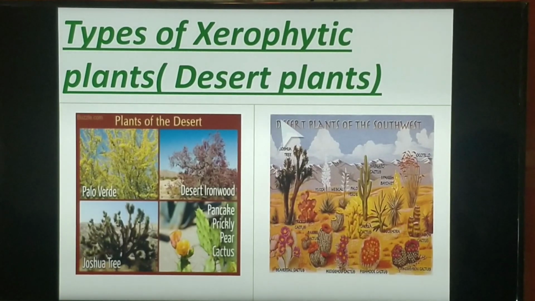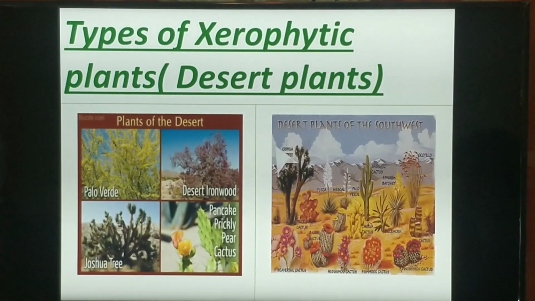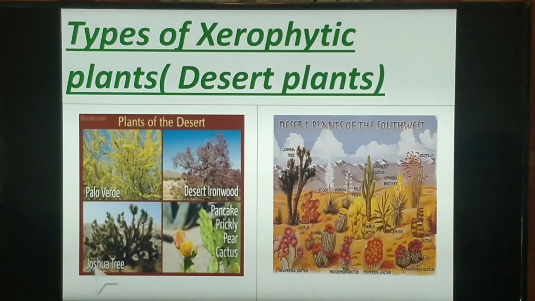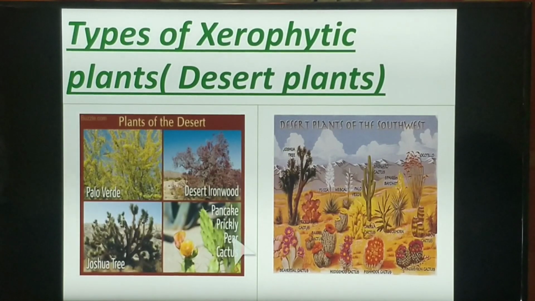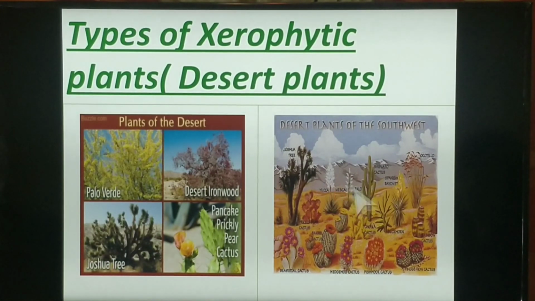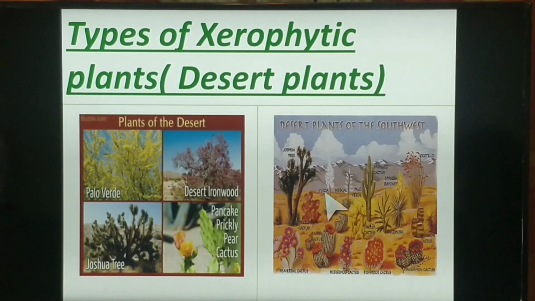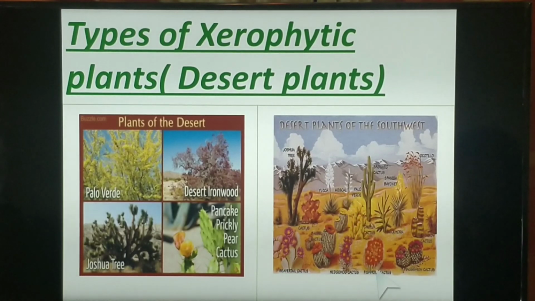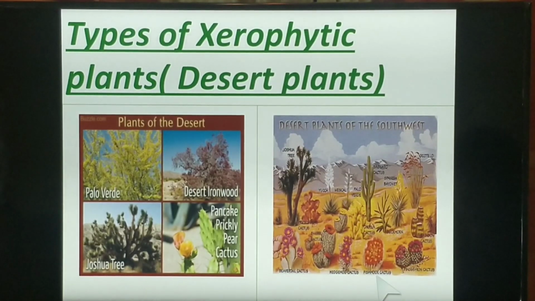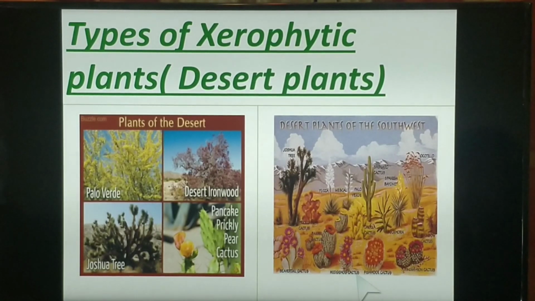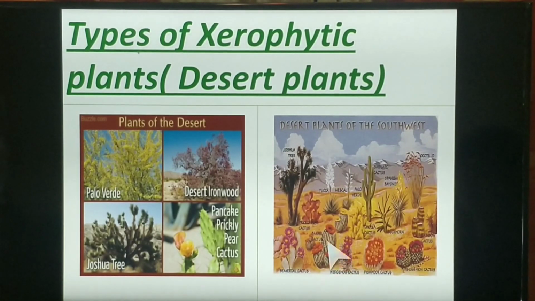As shown in the figure, there are different types like Palo Verde, desert ironwood, Joshua tree, pancake prickly pear cactus. Then many are displayed here like the yucca, mescal, fishhook cactus, hedgehog cactus, etc.